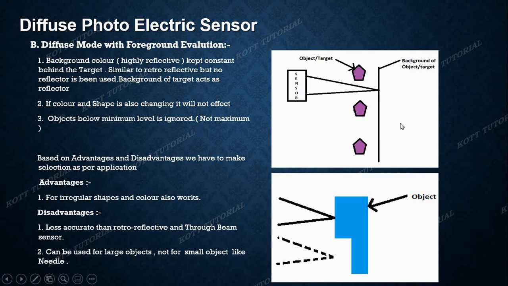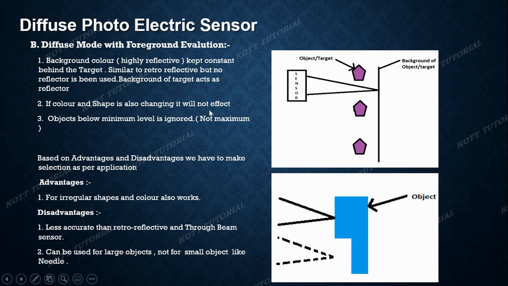Over here we have a reflective background, whether it is a steel plate or any other background which is highly reflective. Its functioning is similar to retroreflective, but we do not have a reflector over here.